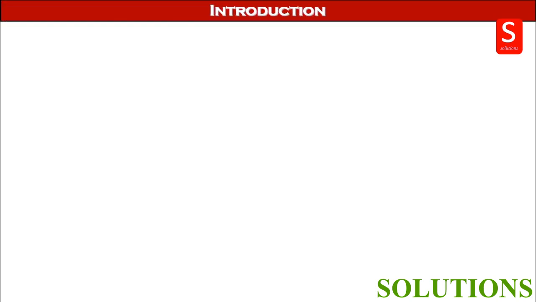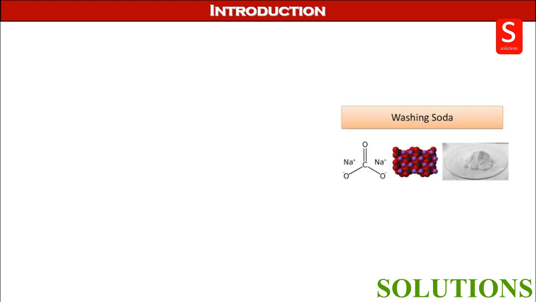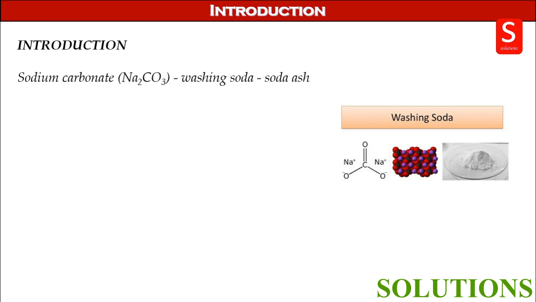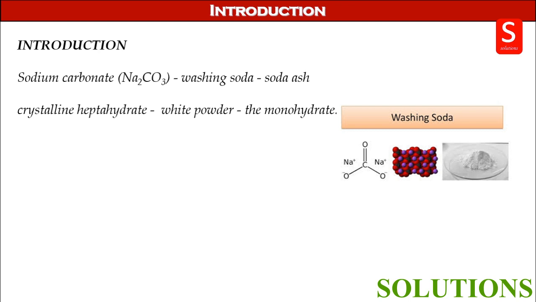Introduction. Sodium carbonate, Na2CO3, is otherwise called washing soda and soda ash. Its properties include being a crystalline heptahydrate, a white powder, and a monohydrate.